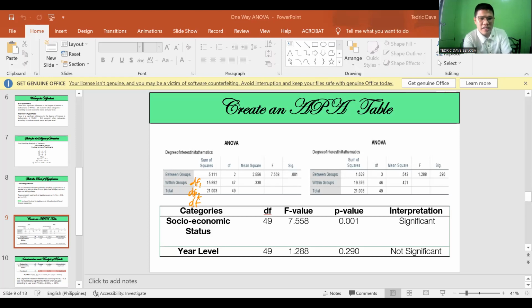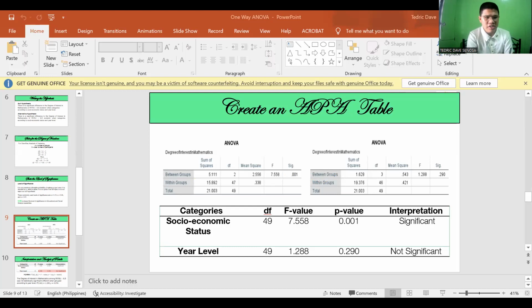And of course, it is significant. If it is significant, you need the post-hoc. But if it is not significant, you don't need the post-hoc. Since it is significant, we will see multiple comparisons here below. As you can see, we have multiple comparisons, but we will discuss it later.